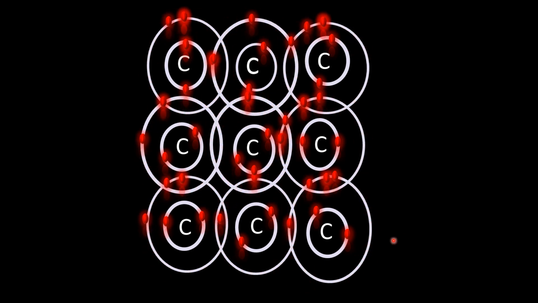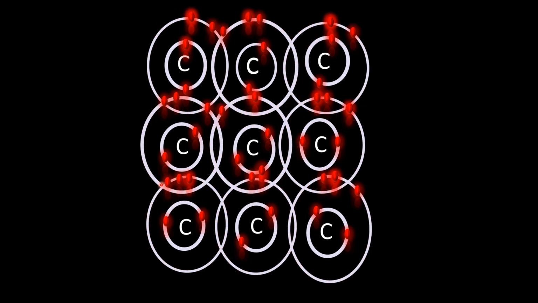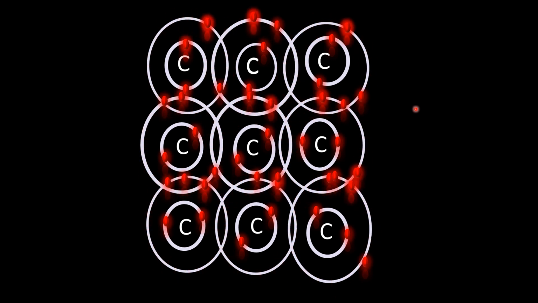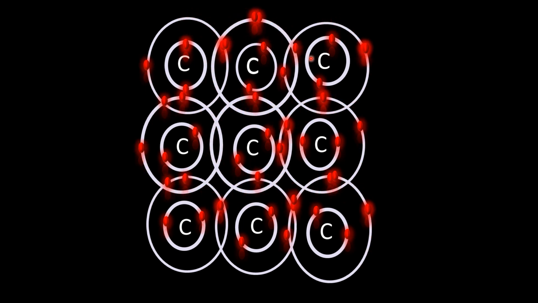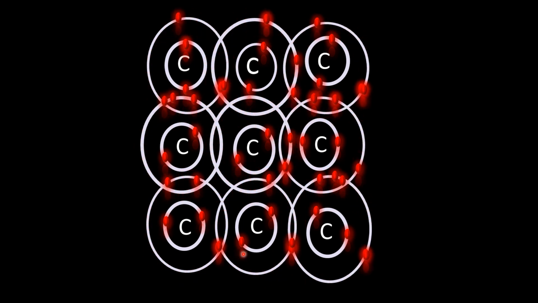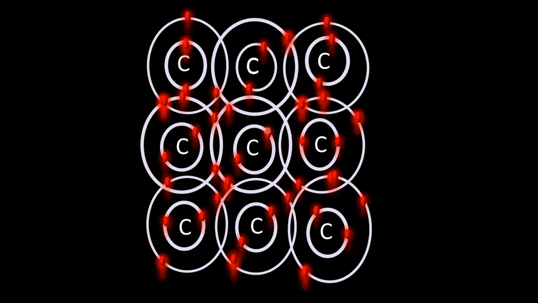Here we have an example of diamond, which is a very rigid and hard covalently bonded structure. Diamond is composed of carbon atoms, and a carbon atom needs four more electrons to complete its shell. So it means that it can make four covalent bonds.